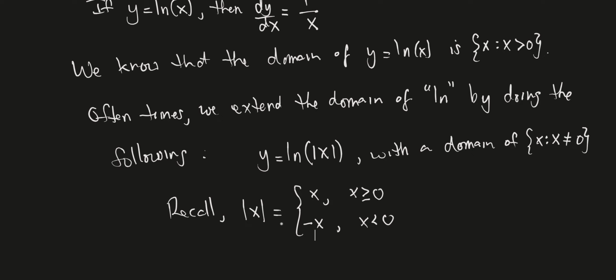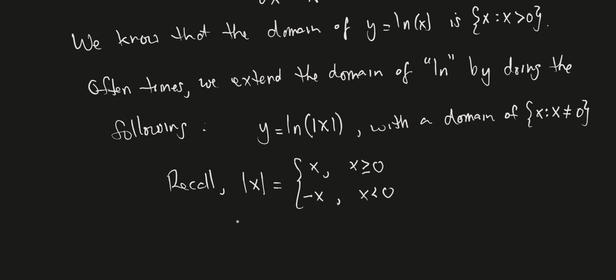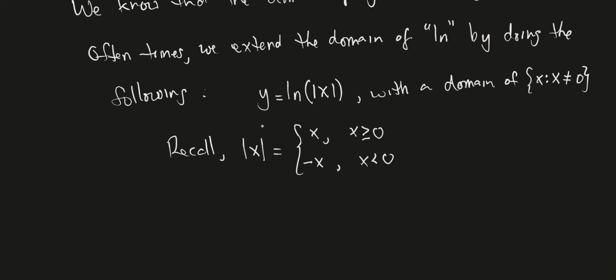So then our question is, could we utilize this and think about what this composite would look like and see what its derivative would be, right? Let's see what the derivative of this function would be, keeping in mind this piecewise definition of the absolute value of x. So let me write it like this, my natural log of the absolute value of x, and a lot of times we drop the extra parentheses here because we have the absolute value bars already around the x.